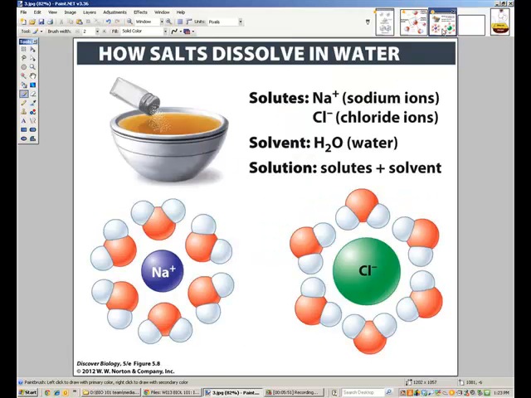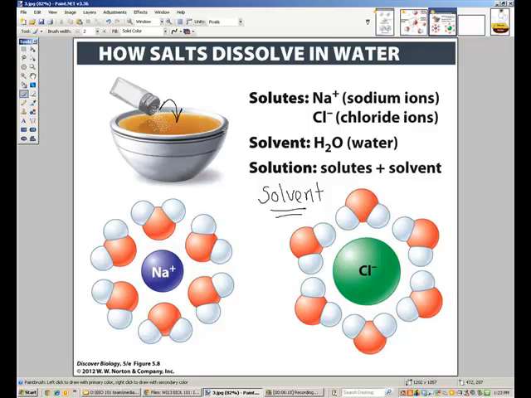All right, let's go ahead and talk about water for a minute. Water is considered the universal solvent in biological systems, and that is because it is basically, if you will, the bathtub that everything gets put into. So in this instance, you can see salt being put into a water-based solution, something like a soup.